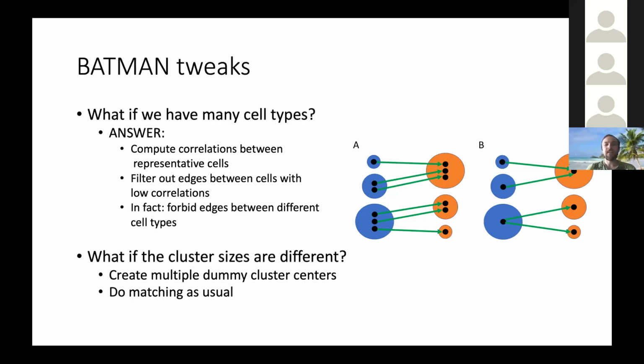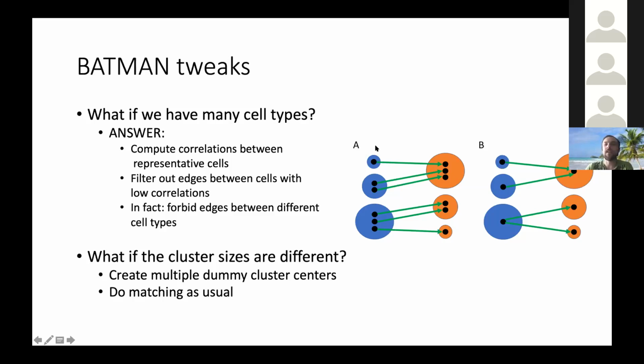And another problem here is that, even when we want to correct batch effects between 2 data sets consisting of 1 cell type, what can happen is that our clustering may not be balanced, in the sense that, for example, one cluster can be large, another one is smaller, and the structures of 2 data sets can be a bit different.